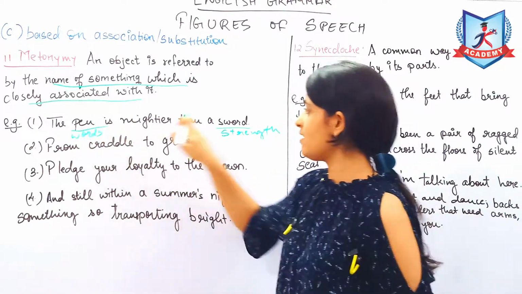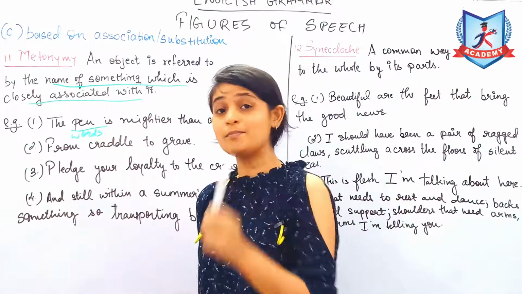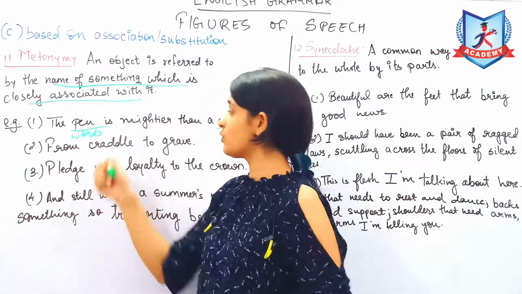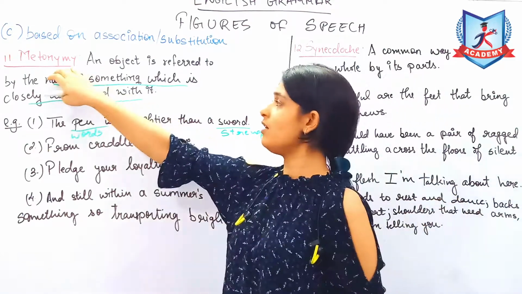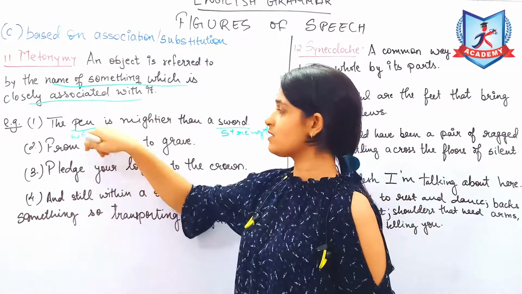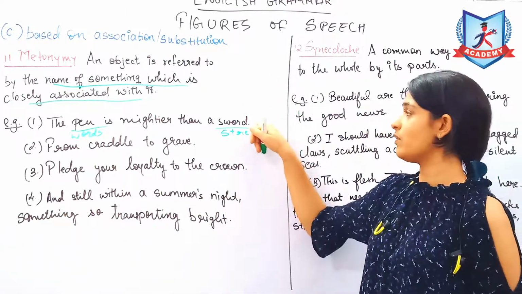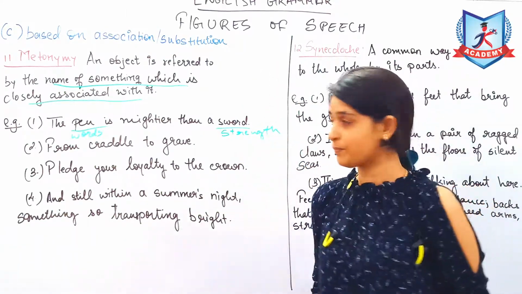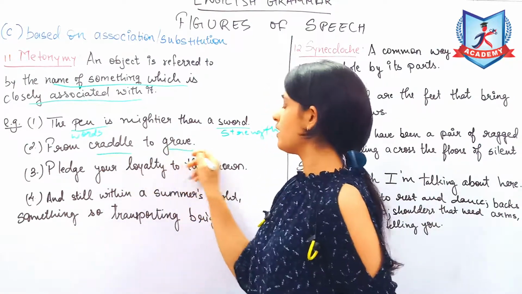We are not referring to an actual pen, but a pen is used to refer to what is written using the pen. So that is an example of metonymy. Instead of words, the word used is pen, and instead of physical strength, what we are using is a sword.